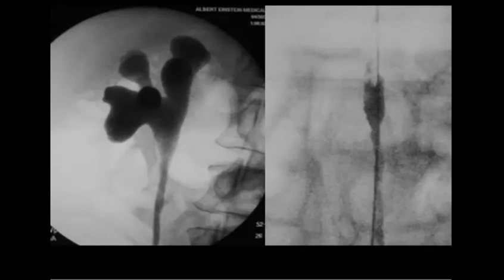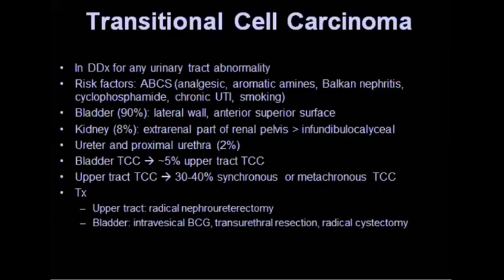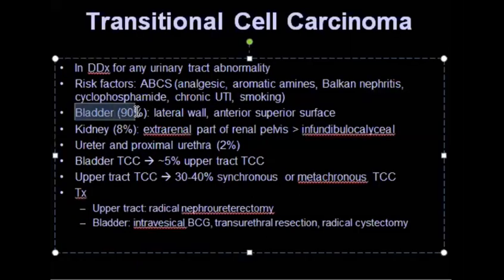So the most common is the bladder, then the renal pelvis, then the ureter, and the proximal urethra.